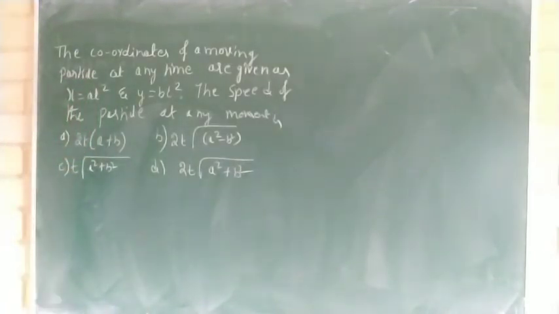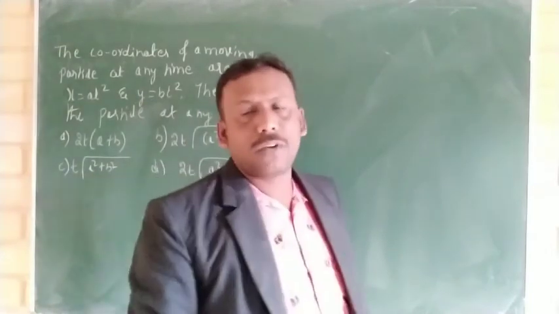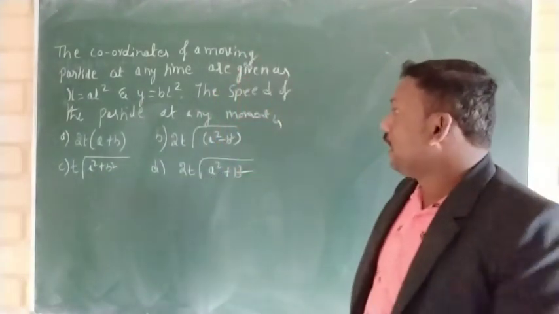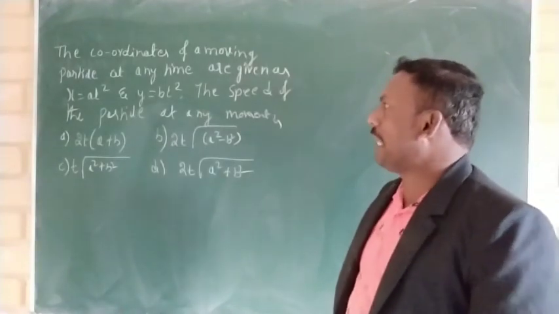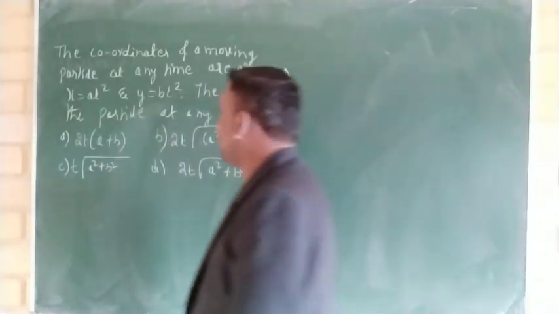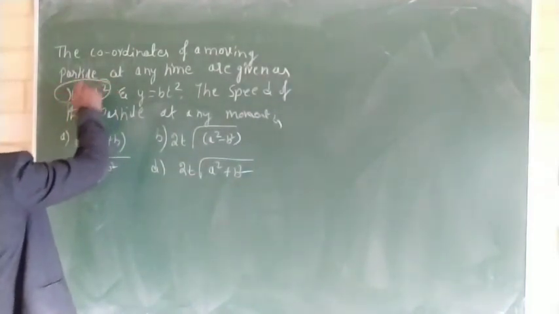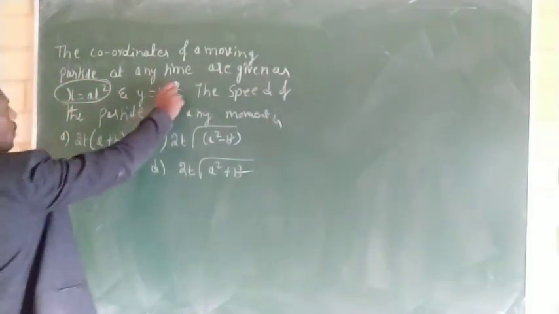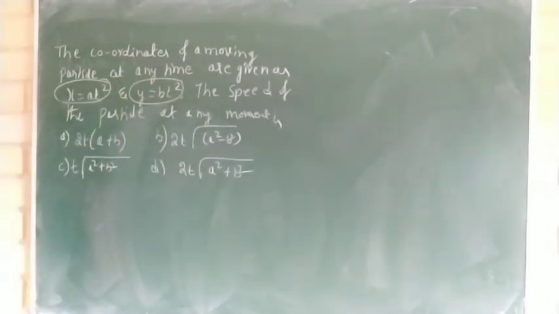Okay, here the coordinates of the moving particle at any instant of time are given. X is equal to at square. Along the x axis, the distance traveled is at square. Along the y axis, the distance traveled by the particle is bt square.